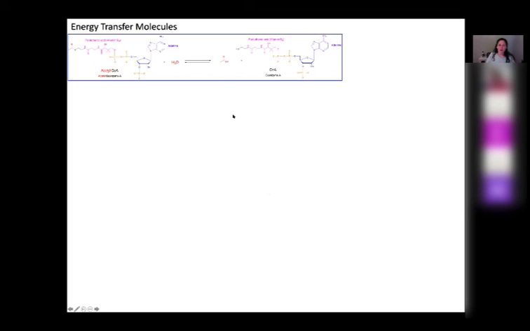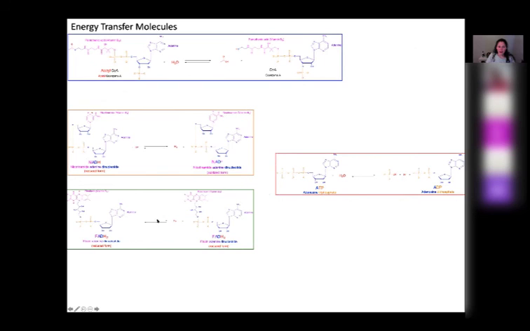The energy transfer molecules, their structures are here. So these are nucleotides or dinucleotides. So acetyl-CoA looks like that. There's just the little acetyl group that comes off in the low energy version. So we have high and low energy versions. And then here are our NADH, FADH2, and ATP. So acetyl-CoA will go through the citric acid cycle, that's what CAC means, to make NADH, FADH2, and ATP.